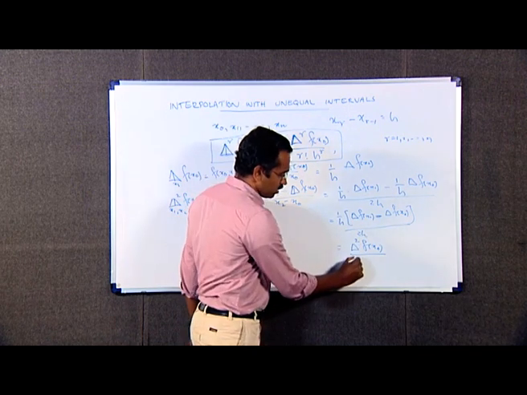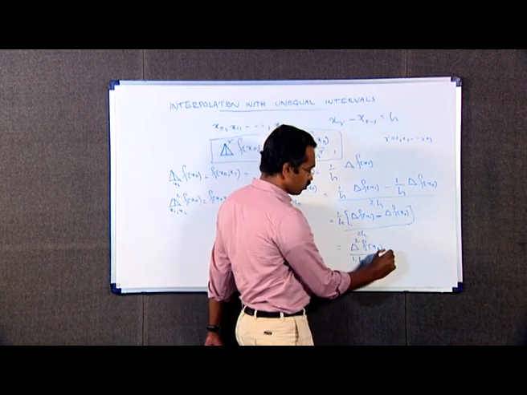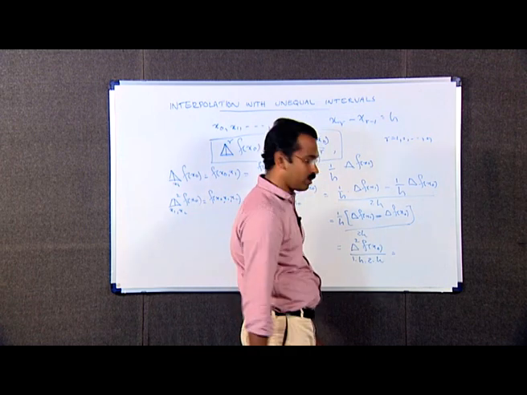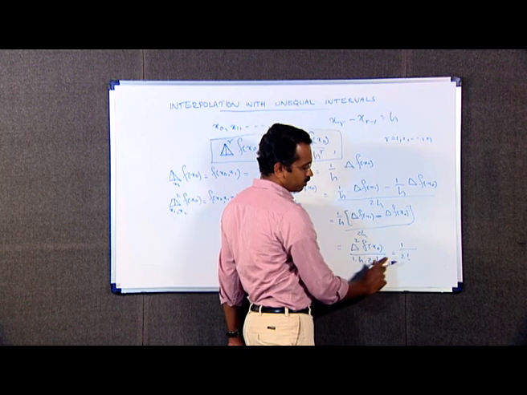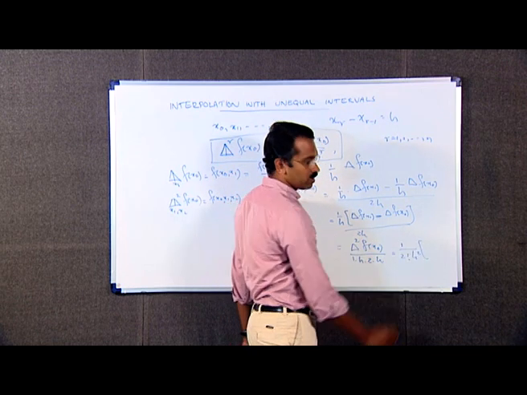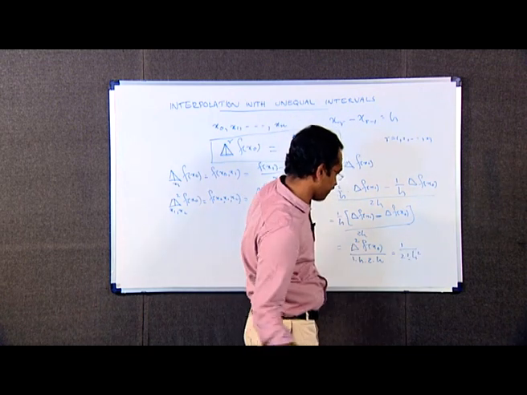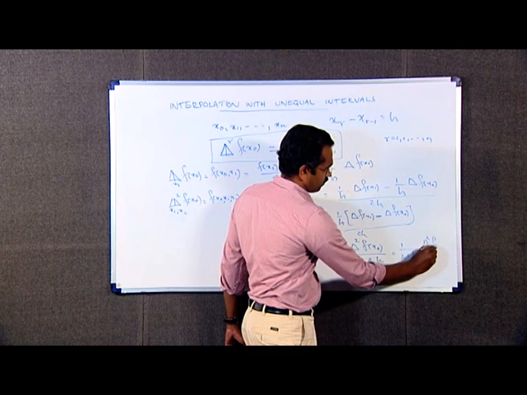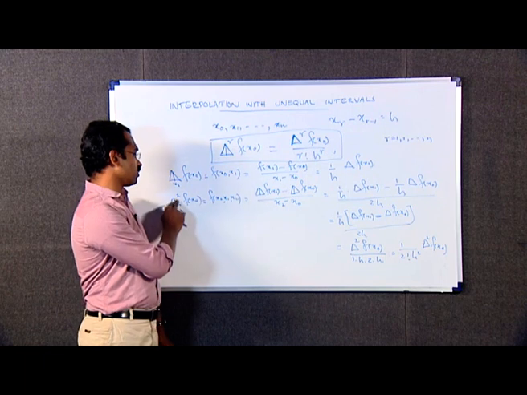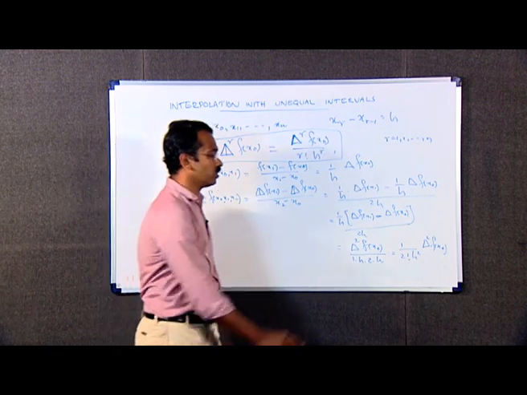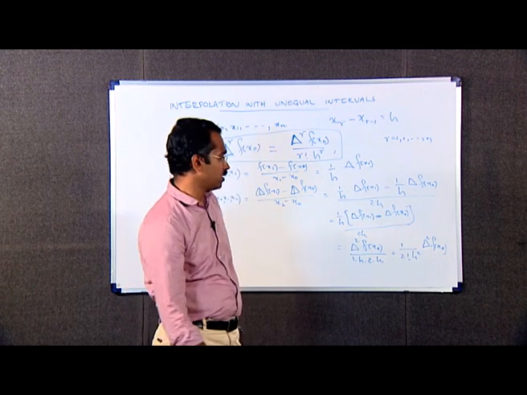This can be written as 1 by 1 into 2, that is 2 factorial, h into h is h square, into delta square f of x0. That is, divided delta square f of x0 is equal to 1 by 2 factorial into h square delta square f of x0.